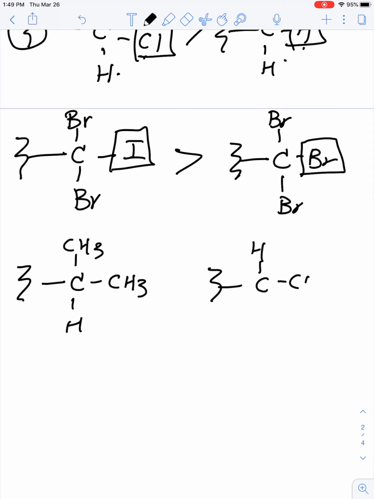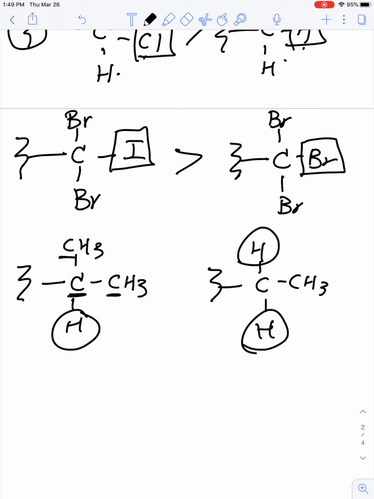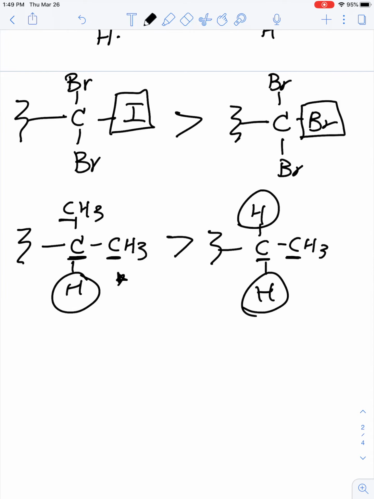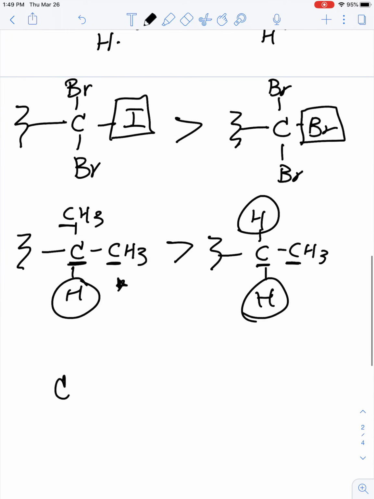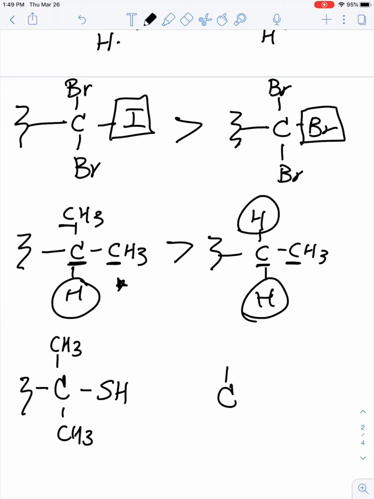If we're looking at this example here versus this example here, in this case we have one hydrogen, in this case we have two hydrogens. This carbon here is attached to two carbons, where this carbon here is only attached to one carbon. So this one here would take higher priority. If we're looking at something like this, we have again some chain, we have a CH3, CH3, and a sulfur, versus something like this.